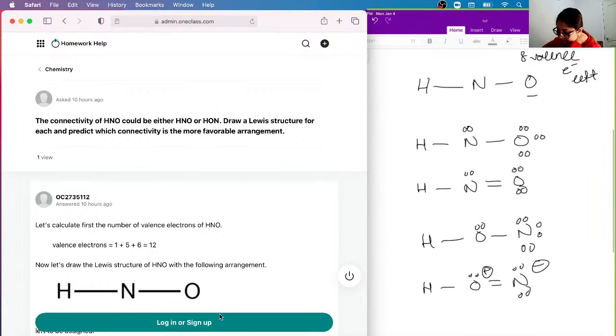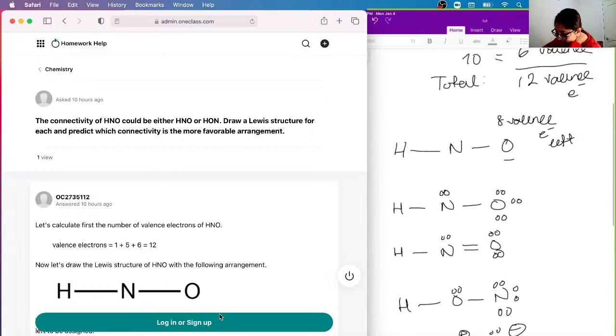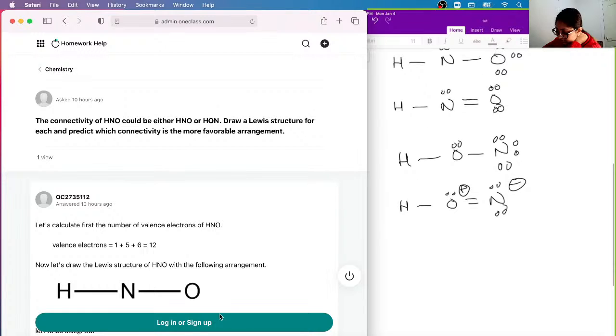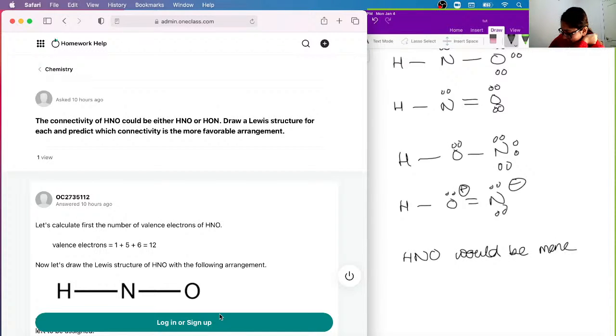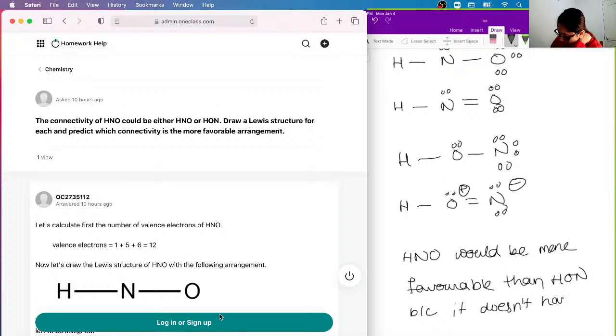So in this case, the one that would be more favorable would be HNO, since it doesn't have any formal charges, whereas HON carries a formal charge.